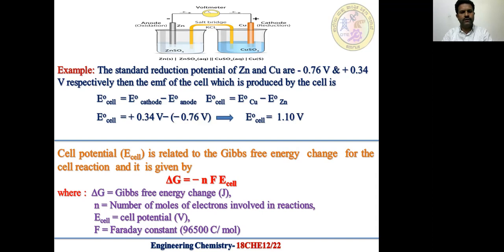Here delta G is the change in Gibbs free energy in joules, and n is the number of moles of electrons involved in the reaction, and E cell is the cell potential or EMF of the cell measured in volts, and F is Faraday's constant. That means the charge carried by 1 mole of electrons, which is equal to 96,500 coulombs per mole.